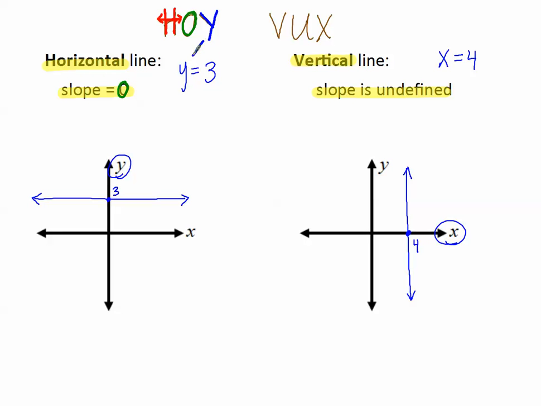See, y equals. That's the equation. VUX, well, because a vertical line, V. U for the slope is undefined. And then for the equation, x is how we write it. It crosses the x-axis, x equals 4. So if you remember HOY VUX, that could be a memory trick to help you with some of those.